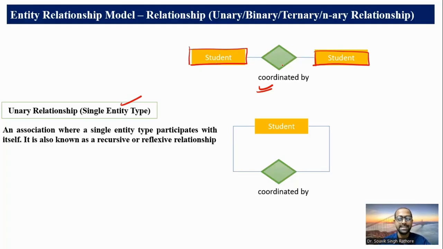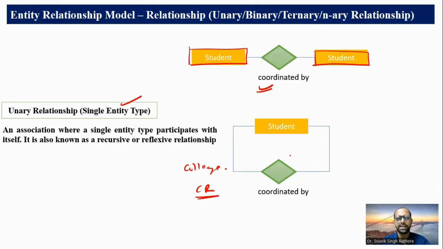The two occurrences here basically represent the two different roles played by the instances of a certain entity type. For example, in a college, a student can act as a CR, that is the class representative, of another student. Both participants are students only, but we don't need two different entity types for that, such as a coordinator entity type.